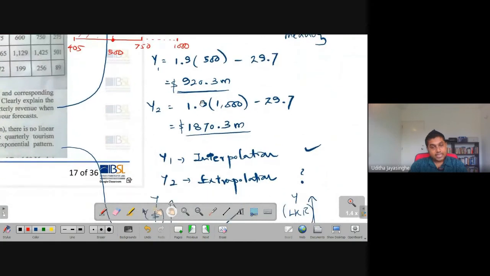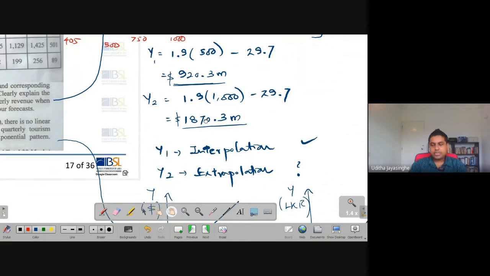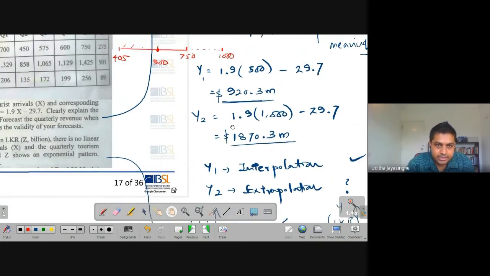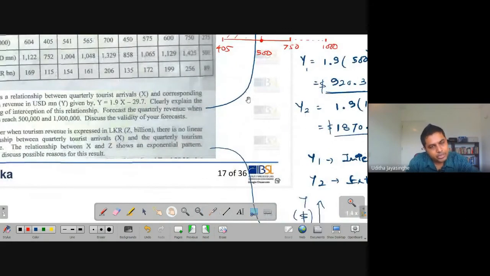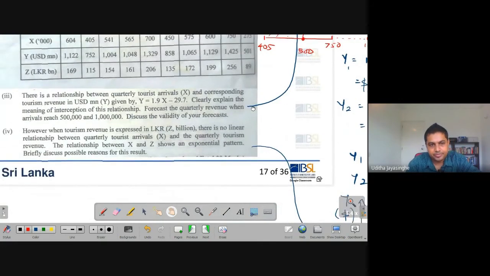So that's why this extrapolation is okay, but it is questionable. That's how we are going to conclude. We're going to conclude saying that it's valid, but we have a doubt, because we used this range of 400 to 750 data to build this relationship.